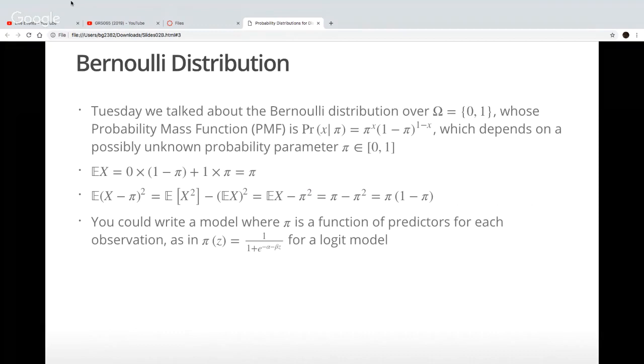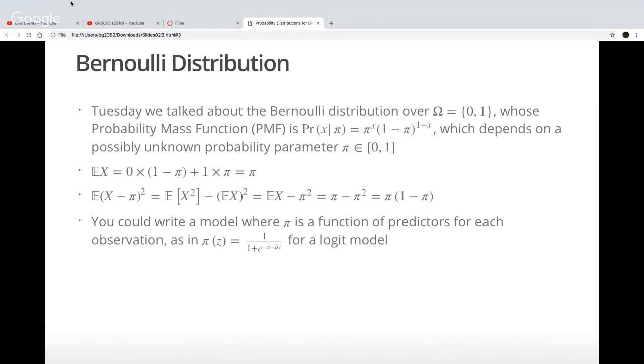Also, we can easily get the variance of a Bernoulli random variable, remembering that we showed on Tuesday that the variance can be expressed as the expectation of the square minus the square of the expectation. In this particular case, where the sample space only consists of 0 and 1, if x can only be 0 or 1, x squared is equal to x.